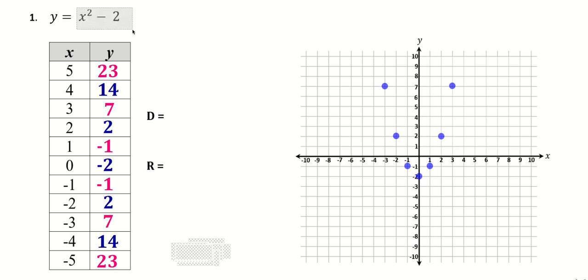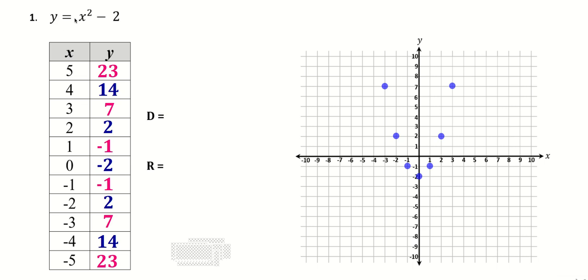But if you think about it, think of it this way. No matter what you plug in for x, you could plug in like -1,000,000 in for x. But when you square it, it's guaranteed to be 0 or positive. In other words, the smallest x squared can ever be is 0.